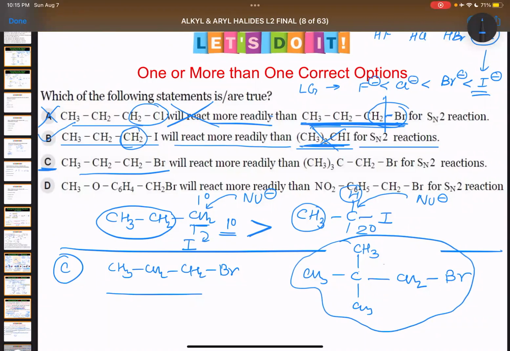They will tell you that neopentyl chloride or bromide are primary, because this is a primary carbon. But in spite of being primary, neopentyl halides are almost unreactive, almost inert towards substitution reaction, SN2 reaction.